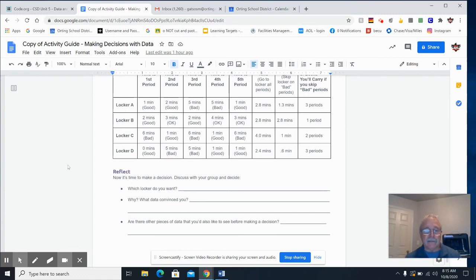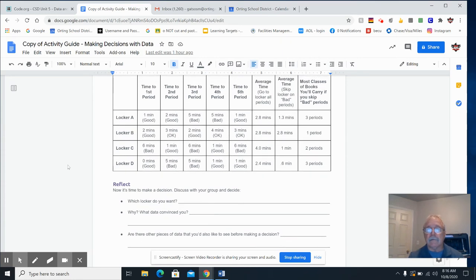Why? What data convinced you? Well, we looked at the bad portion. I would look at the bads first. We know that there's going to be goods for all of them, or most of them, somewhere. But I would definitely look at the bads and judge from the bads. Here are the average times. You can look at the average times.